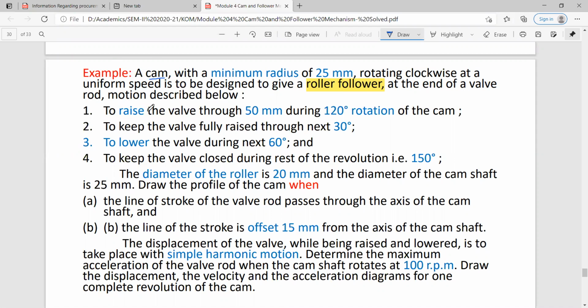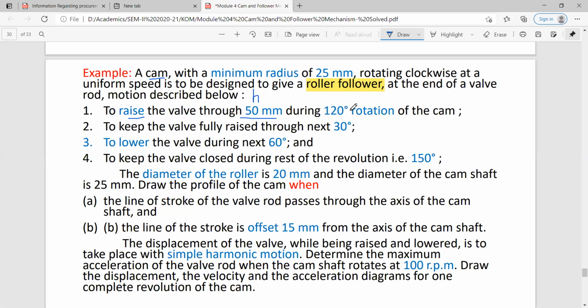So motion is described as follows. First the follower will rise through 50 mm, means it is the lift of the follower, that is called as H. We have denoted it by H, during 120-degree rotation of the cam.